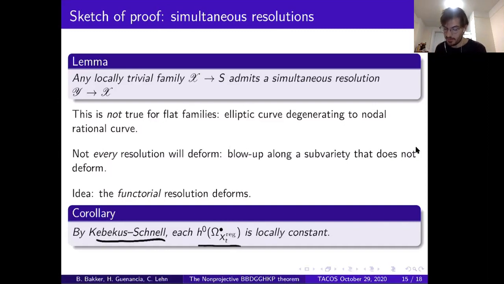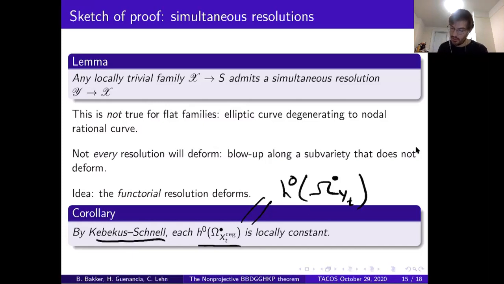This just follows from the fact that we know Hodge numbers are constant. If we take a simultaneous resolution, using Kebekus-Schnell, this is the same as the dimension of forms on the resolution, and the resolution is moving in a smooth family.